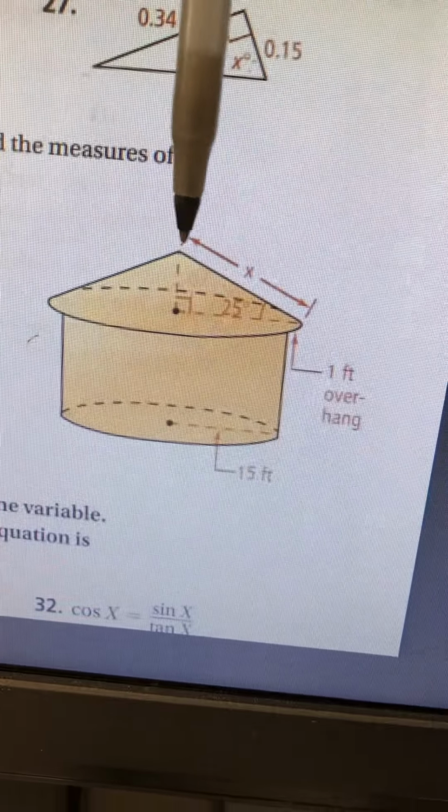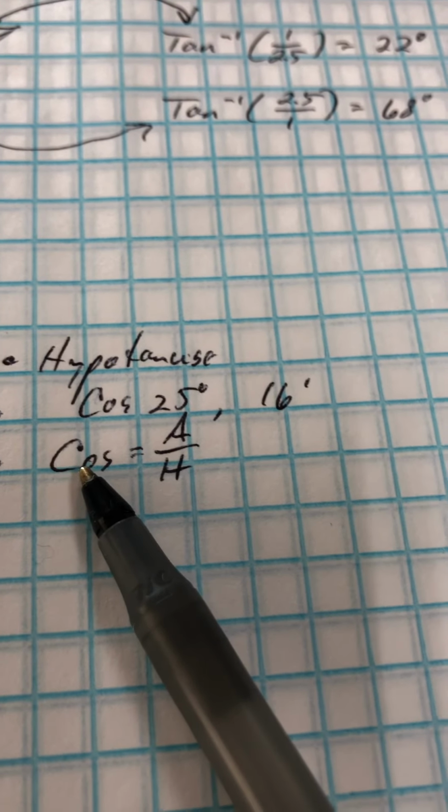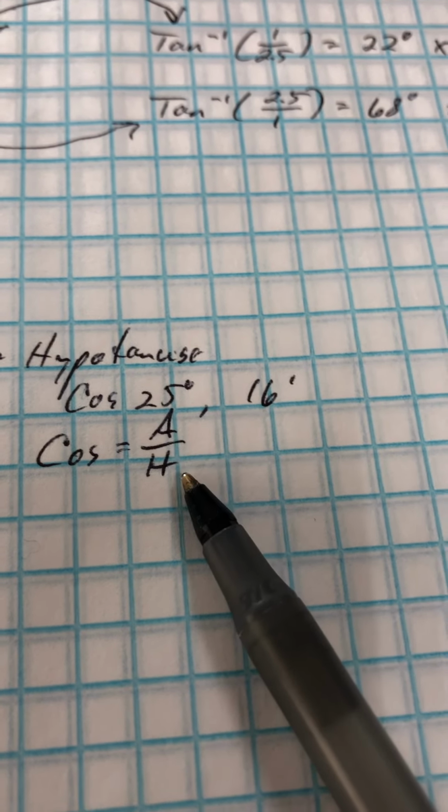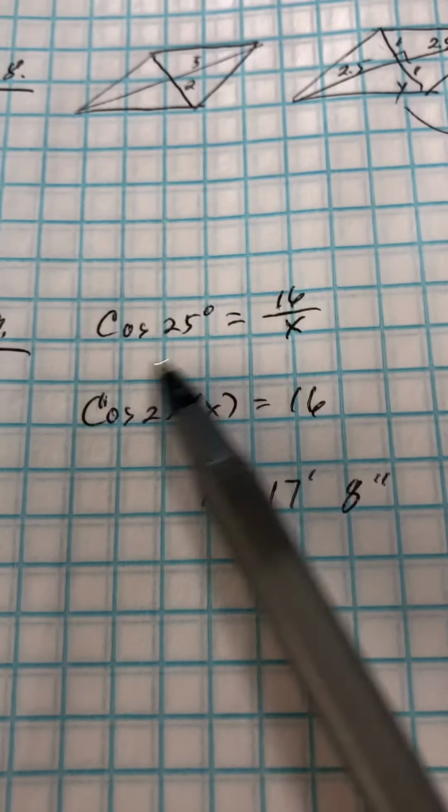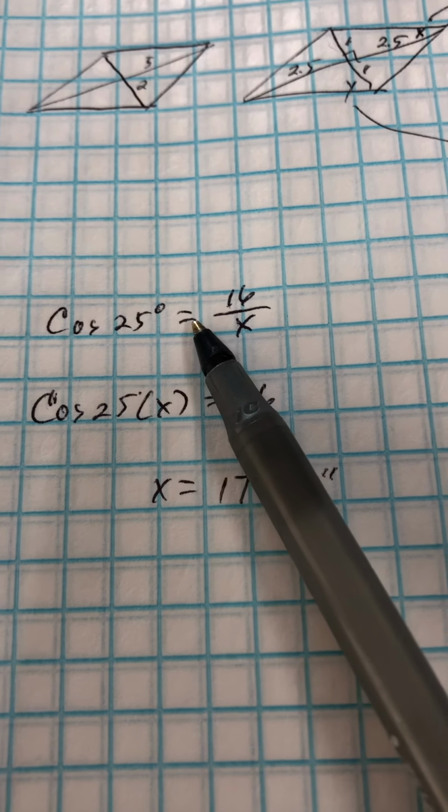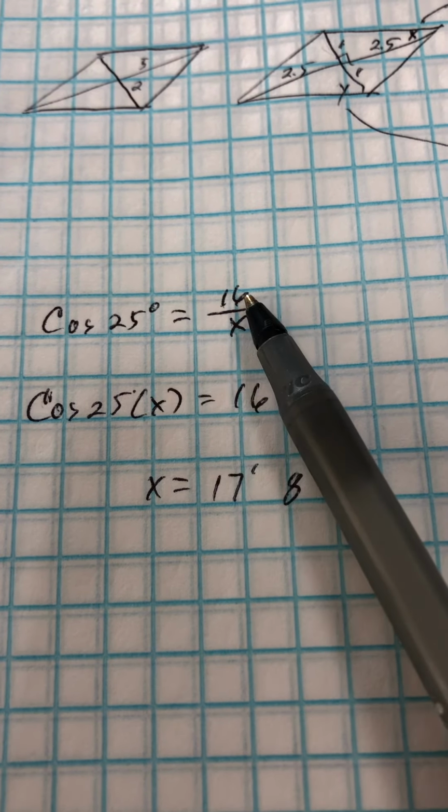You need to know an angle, which we got, and we need to know another one of the sides, and we got that 16. So I listed them there. And then which trigonometric ratio would you use? Cosine, adjacent over hypotenuse. I took the cosine of 25 degrees equals the adjacent 16 over x.